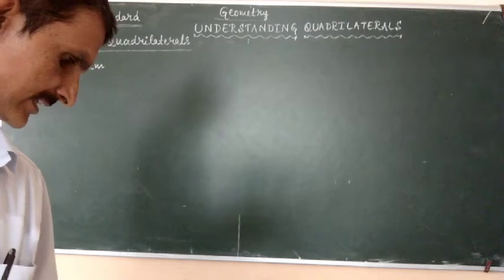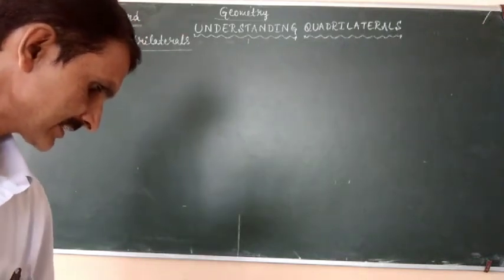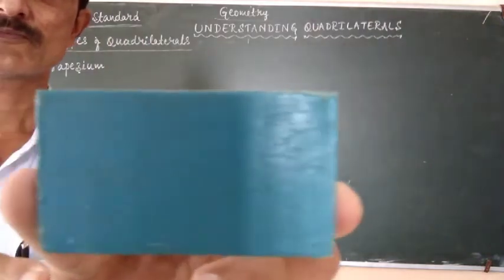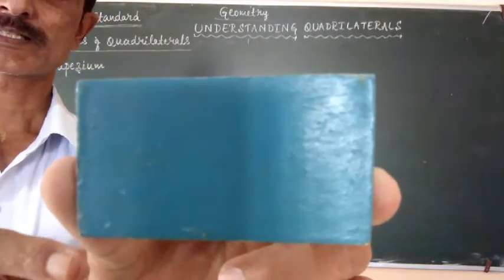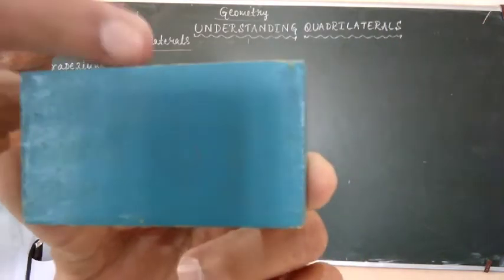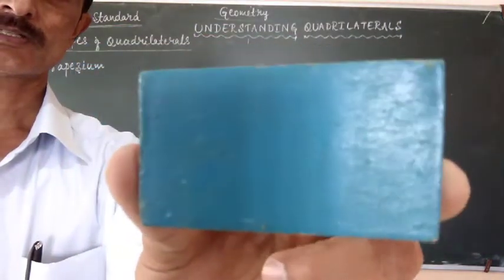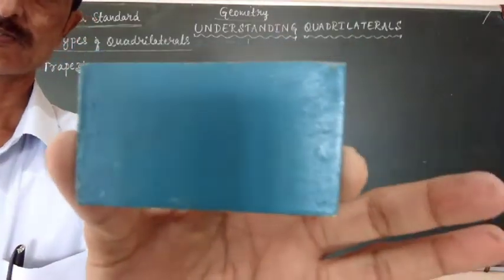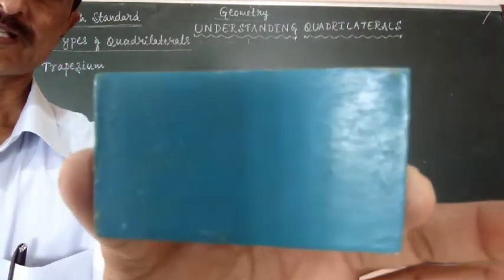So once again, recall the plane figures. What do you call this plane figure? It is called a rectangle because opposite sides are equal and all angles are equal to 90 degrees.